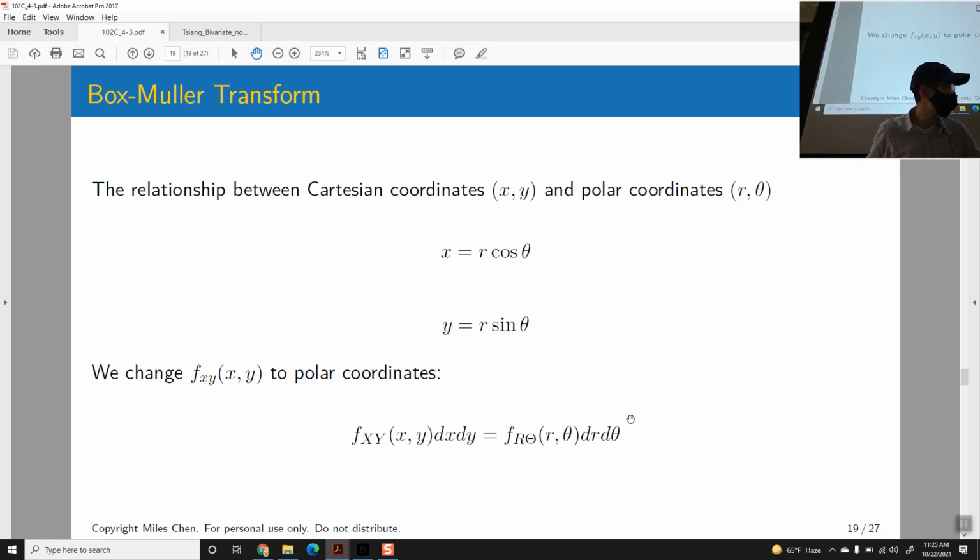If we want to go from Cartesian to polar coordinates, if you remember all of this stuff from back in the day, x is r cosine theta and y is r sine theta. And so we're going to go from f of x, y to f of r, theta.